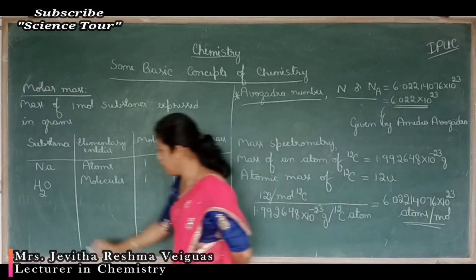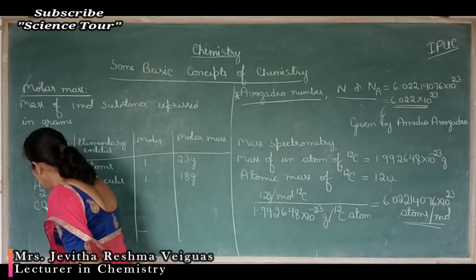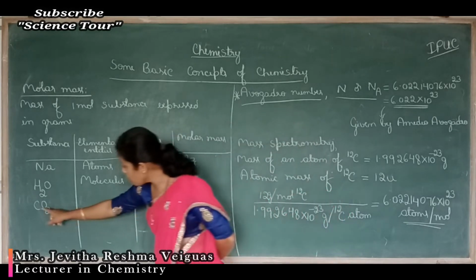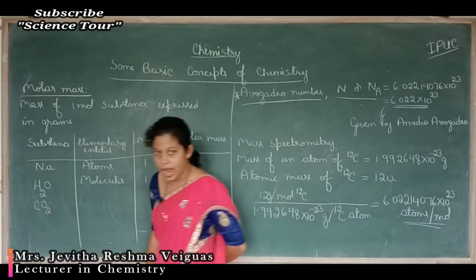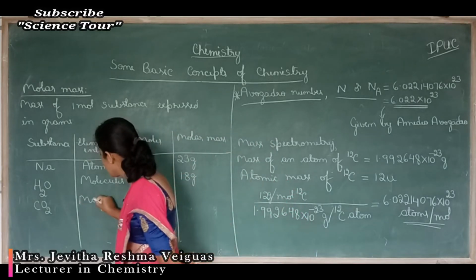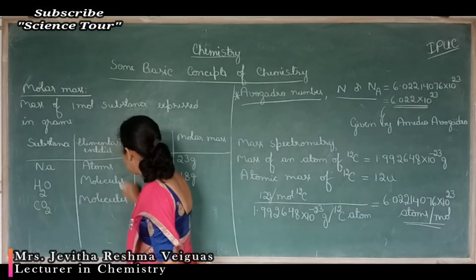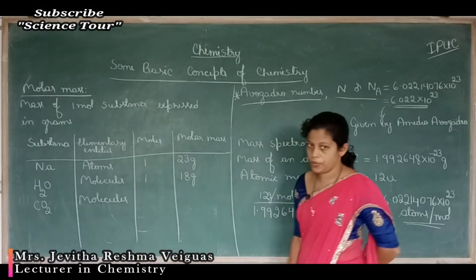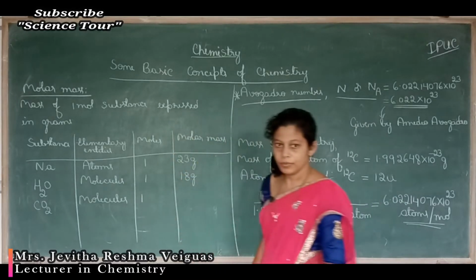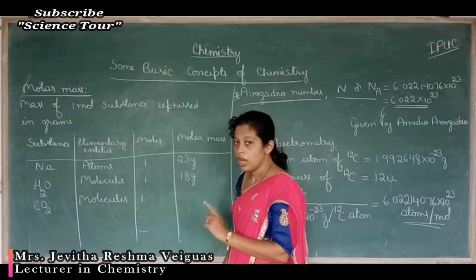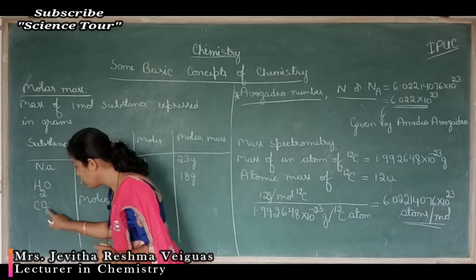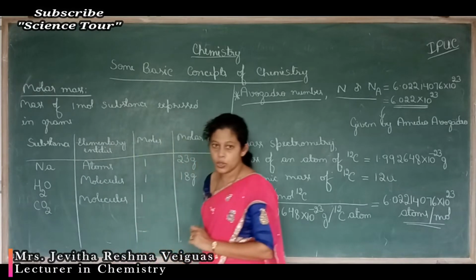Let's have another example. Let's take CO2. The substance is carbon dioxide. Look at the formula. Carbon and 2 oxygen atoms are there. So this substance is a molecule. Hence the elementary entities are molecules. If I consider 1 mole of carbon dioxide, its molar mass is the atomic mass of carbon plus 2 into the atomic mass of oxygen.